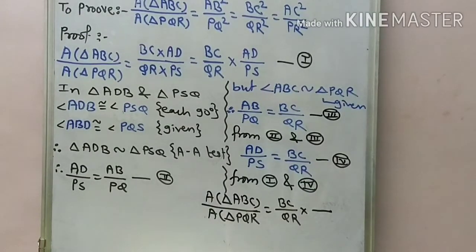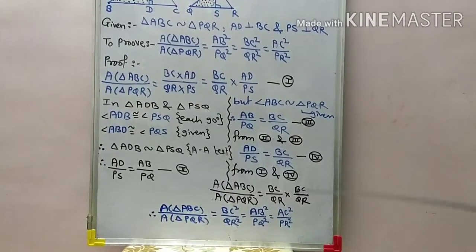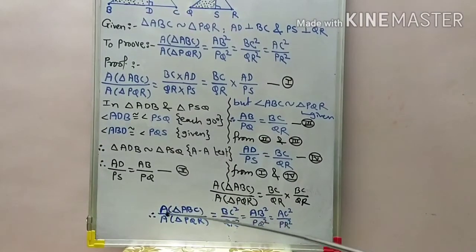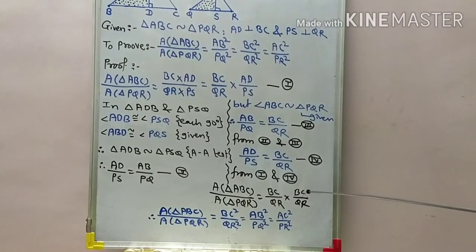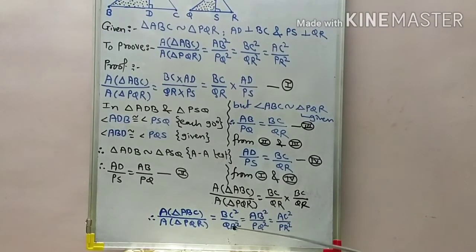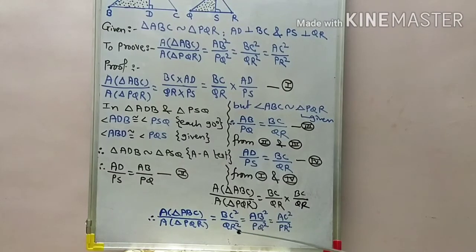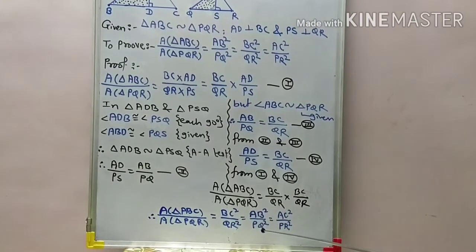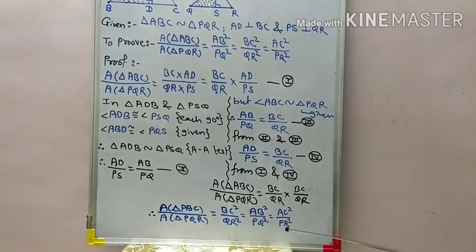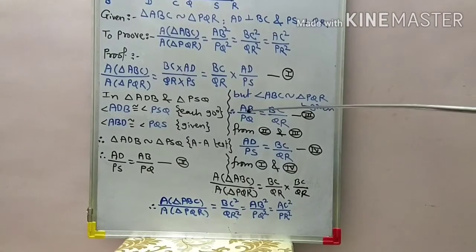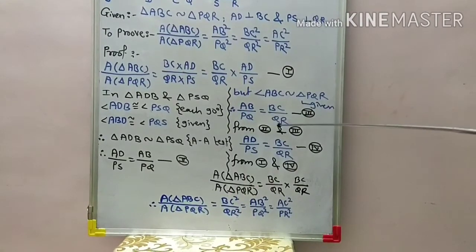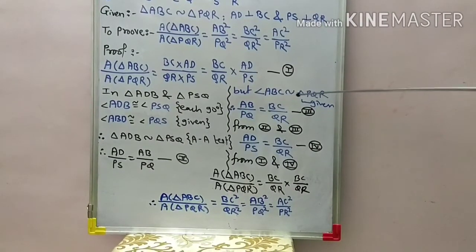So area of triangle ABC upon area of triangle PQR equals BC into BC, BC square upon QR into QR, QR square, which also equals AB square upon PQ square, which equals AC square upon PR square, because as we notice AB upon PQ equals BC upon QR equals AC upon PR.